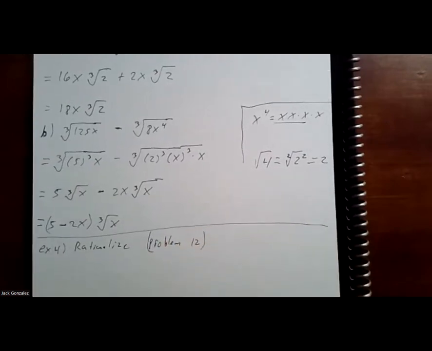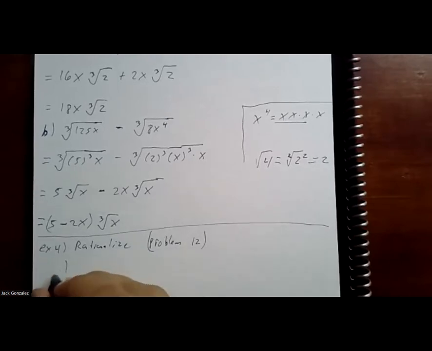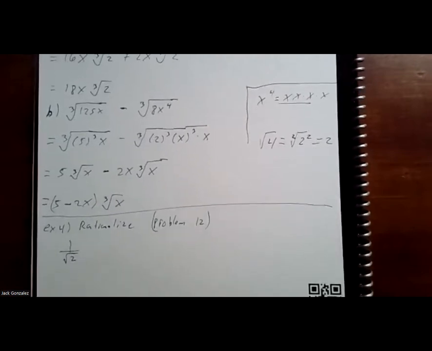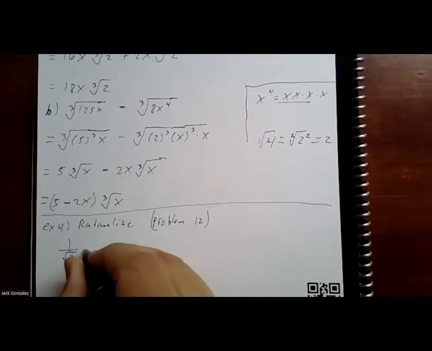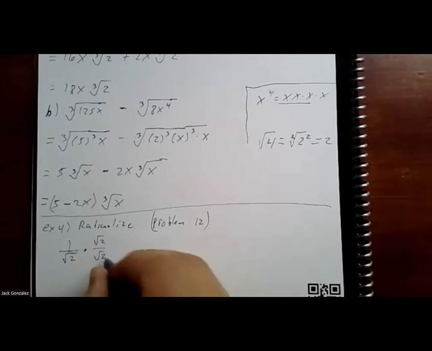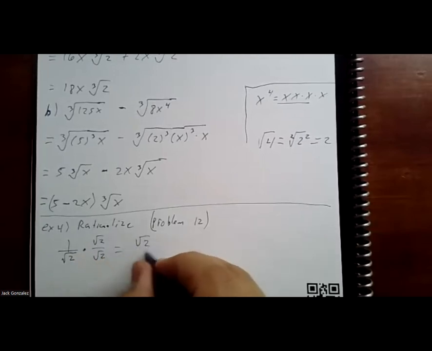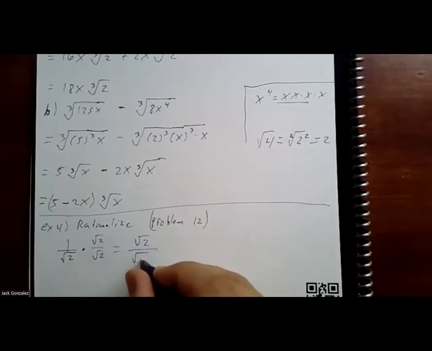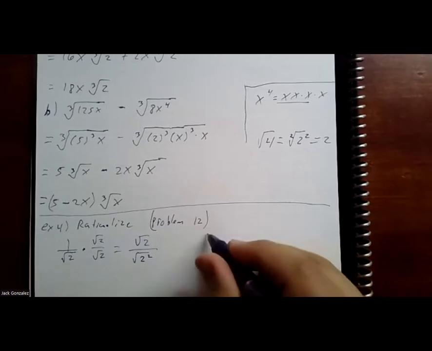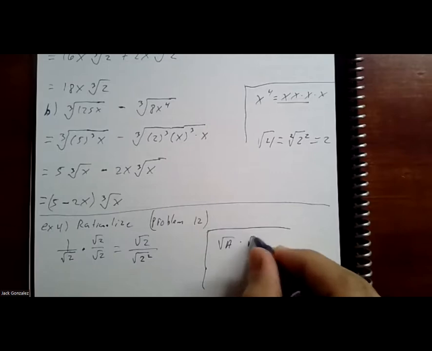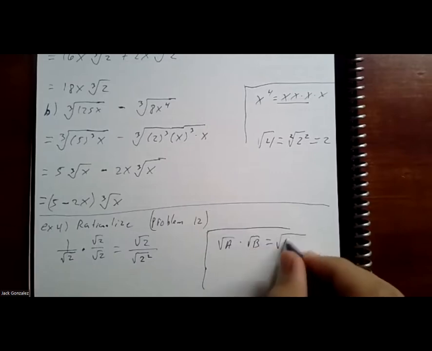All right, problem 12, just rationalize the problem. So in order to rationalize, you want to multiply by square root of 2 over square root of 2. This will force a square to happen at the bottom, right? Let me give you another rule. Square root of a times square root of b is the same as square root of a times b.